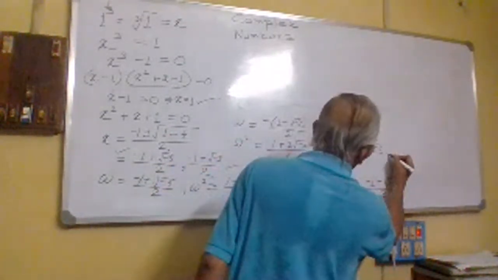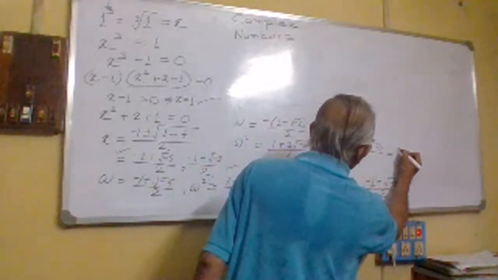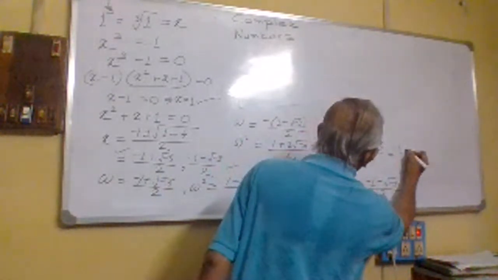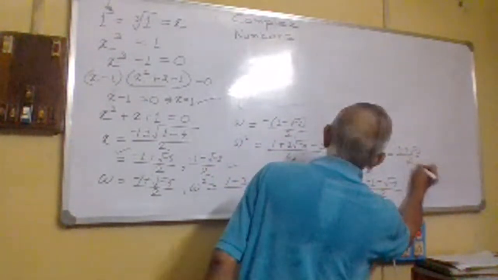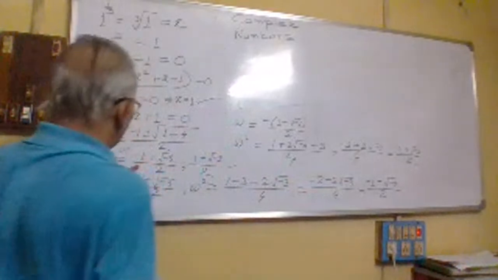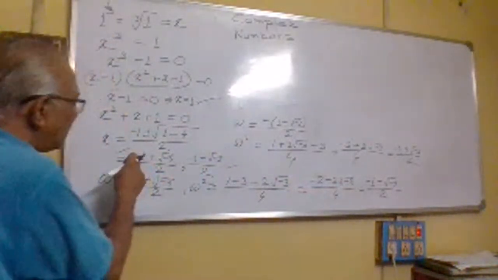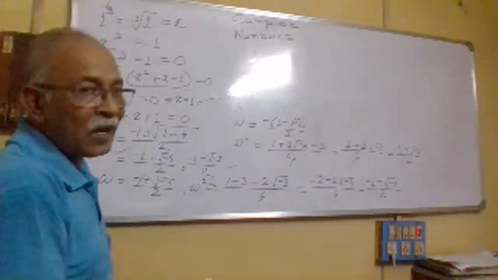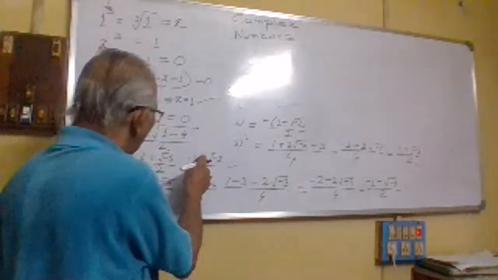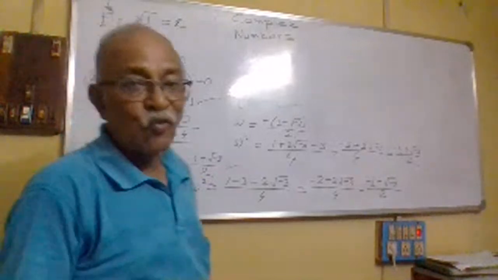Cancelling 2, we get minus 1 plus root of minus 3, by 2. That means if you consider omega as this one, you will get this one as omega square.